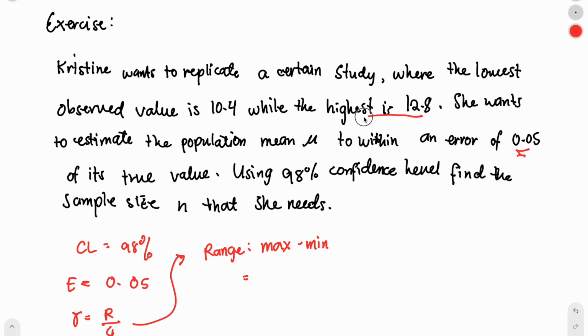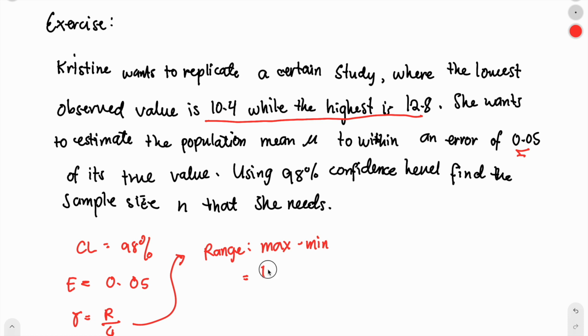Since this is new, where the lowest observed value is 10.4 while the highest is 12.8. You need to get the measure of dispersion. If you remember the IQR, the range, and the variance and the standard deviation. So this is another way of getting the standard deviation, guys.